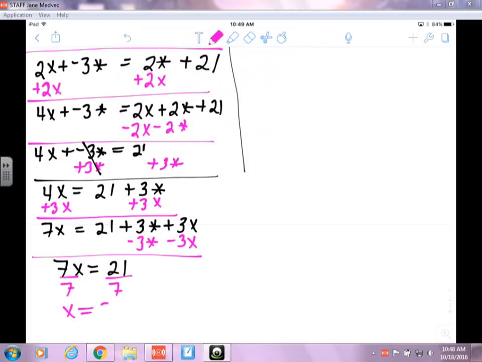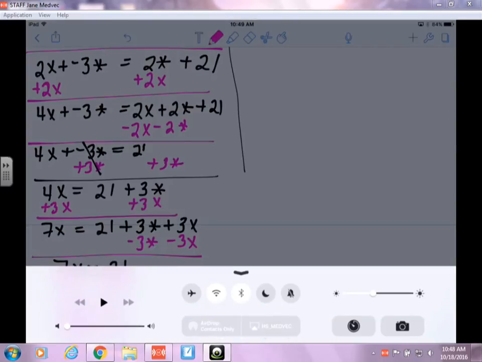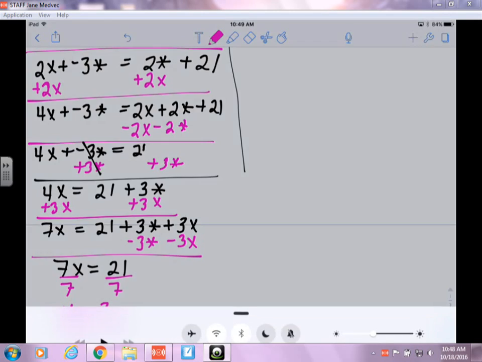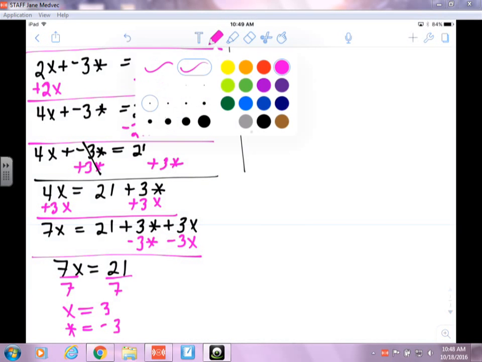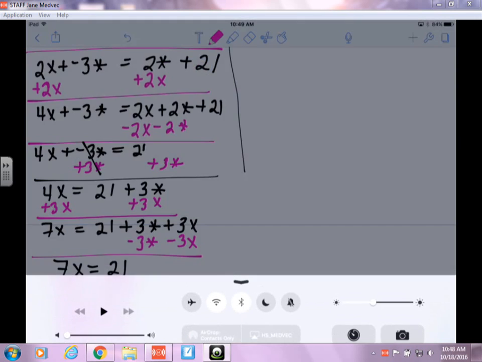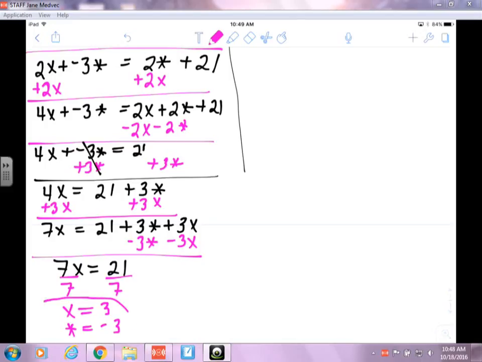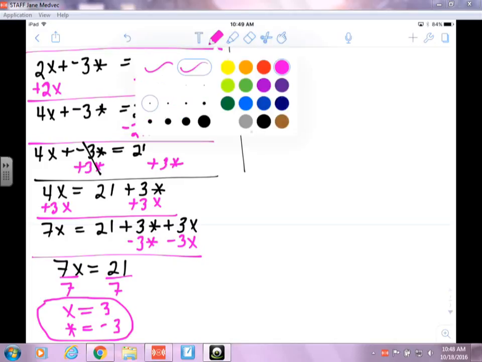X equals 3, star equals -3. And it's kind of exciting when something that you've worked so hard on comes out to be like 3. I'm trying to circle this and it's not cooperating. There we go. It comes out to 3 and -3. That's kind of exciting when that happens to you.